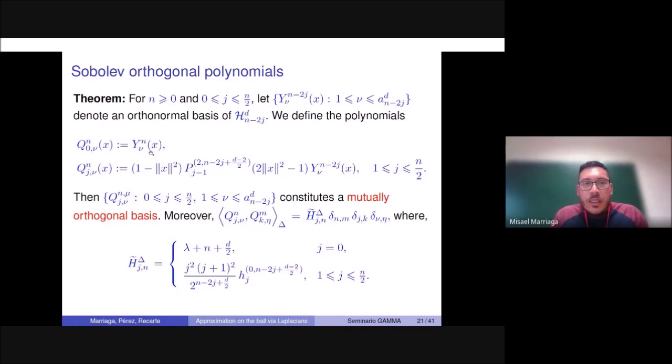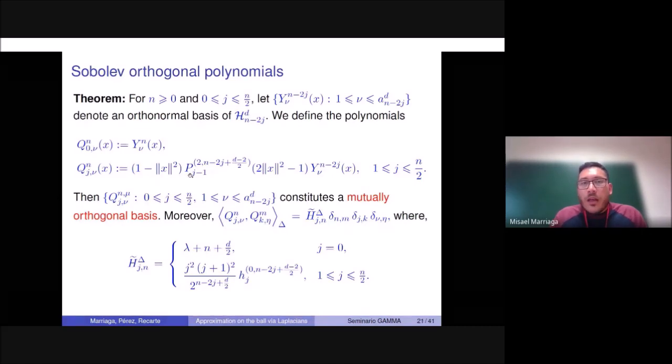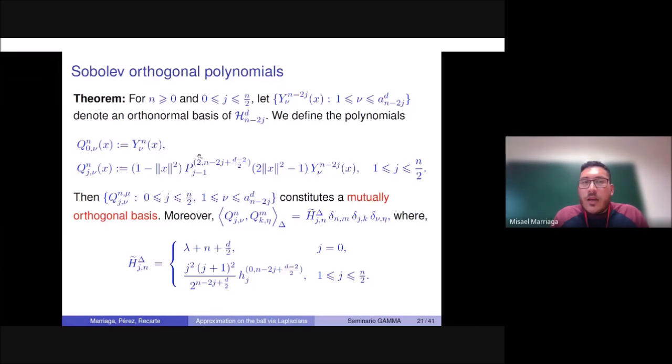One of the differences is that we have a term that vanishes on the sphere. So this term actually kills the spherical term in the inner product. Another difference is that the fixed parameter has to be equal to 2.